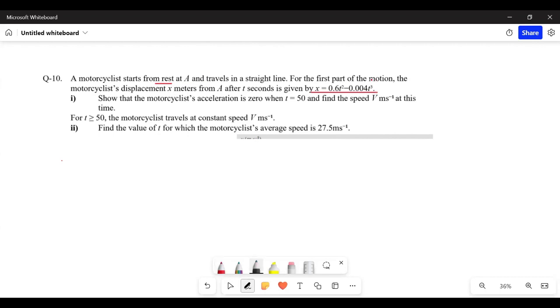Now acceleration is being talked about. Acceleration comes from dv upon dt and v comes from dx upon dt.